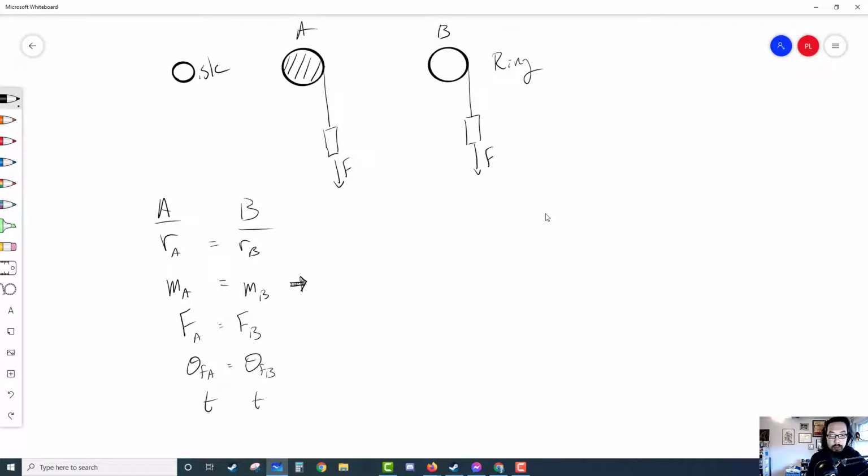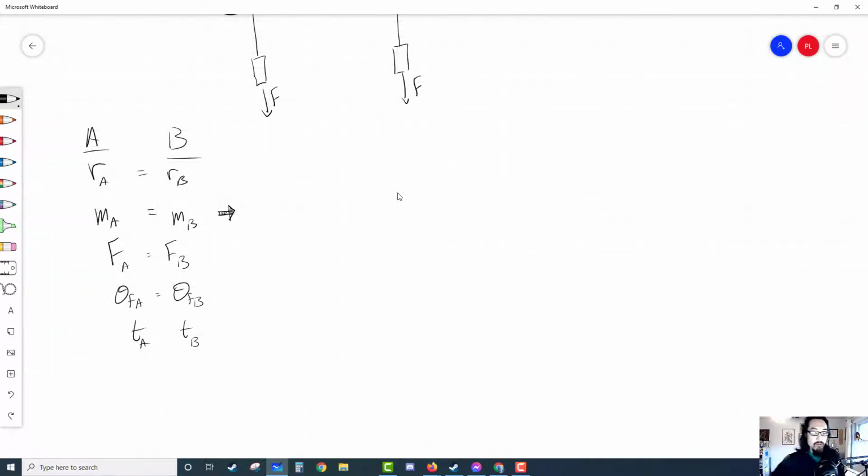The time for that rotation, what is it? Which one will rotate faster? Before we do that, there's one last one: omega A initial is equal to omega B initial, and they both equal 0 radians per second.